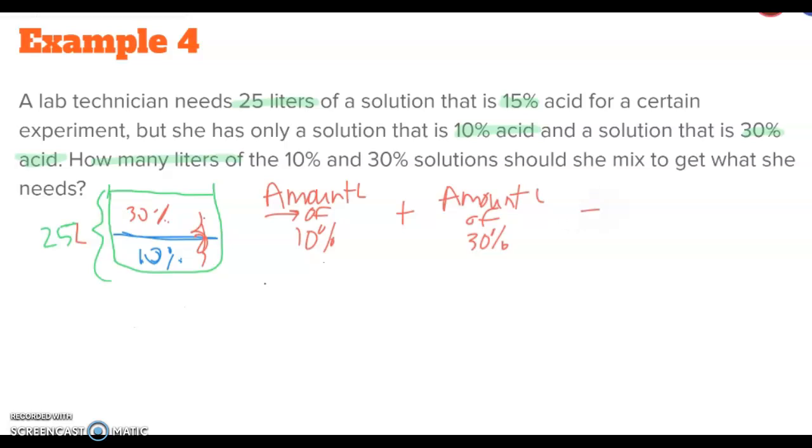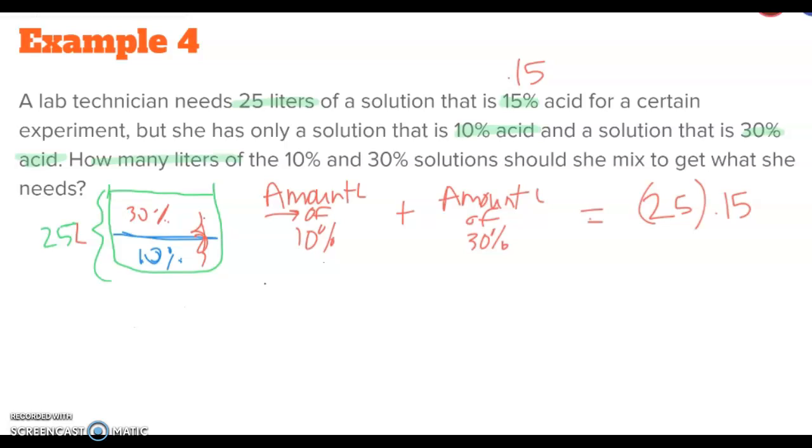Okay, and that is going to be equal to 25 liters of the 15% solution. I'm going to write all of these percentages as decimals. So that's 0.15, so 25 liters of the 0.15, the 15% solution.